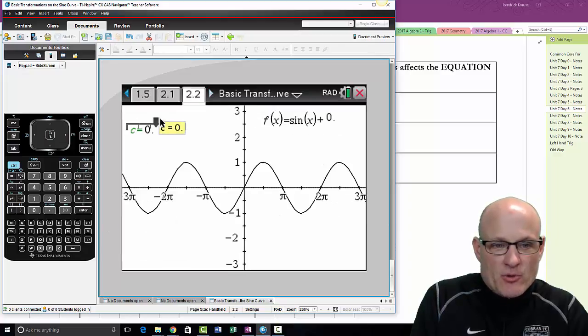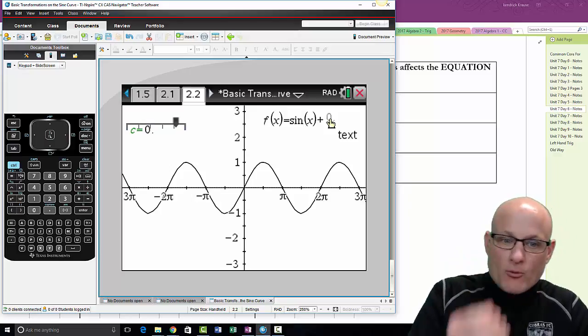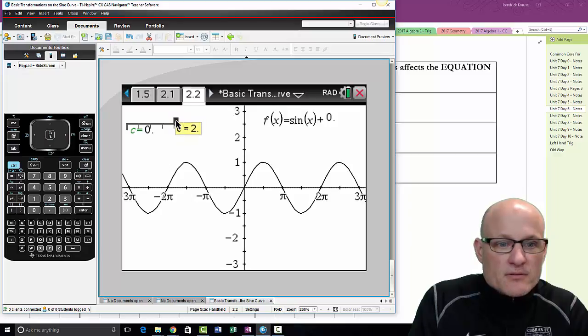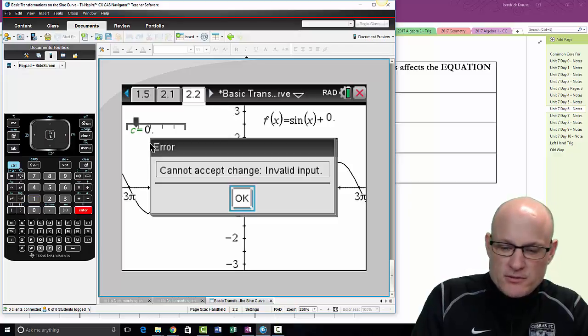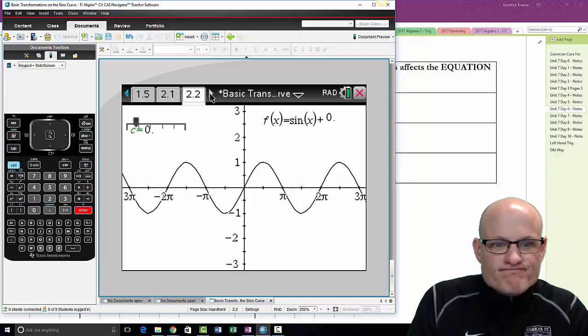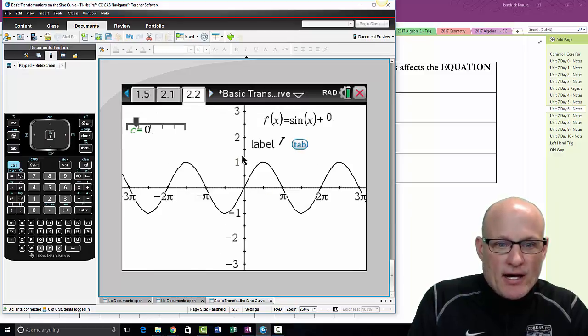We're going to investigate what happens when we move slide C. This should come as no surprise to you. It's not working. I don't know why it's not working, but it's not working. Maybe I could just change it to 1. Not going to let me change the input. That's not good. I don't know why that's not working.